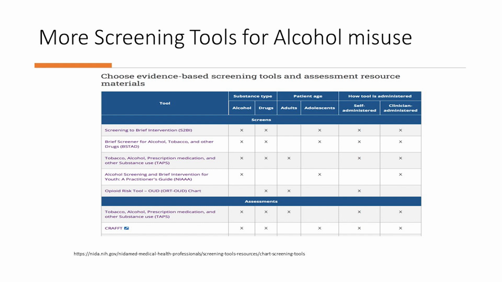The ACE2BI and BSTAD all screen for alcohol, as you can see on that tab there, so you can use those as well. And CRAFFT is also used to screen for alcohol and other substance use in the adolescent population too.